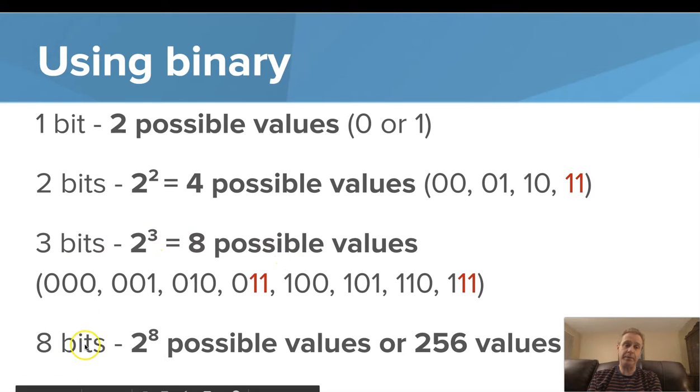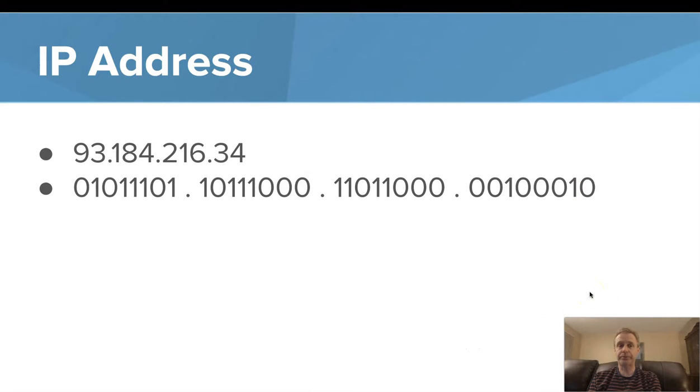So when we get up to 8 bits, we have 2 to the 8th possible values, which is equal to 256 possible values. So getting back to our IP address, if each of these numbers is represented by 8 bits, then we have a total of 32 bits representing our IP address.